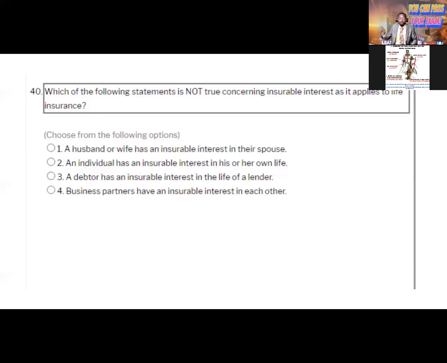You have to wait until you go to the court, sign the paperwork, then it's official, you're married, and then you can put insurance on your husband or your wife. That's when it's official. Same thing for the business. It has to exist at the time of the application. So the right answer for this one will be this one here. Okay, that's the long one. So that's the right answer.